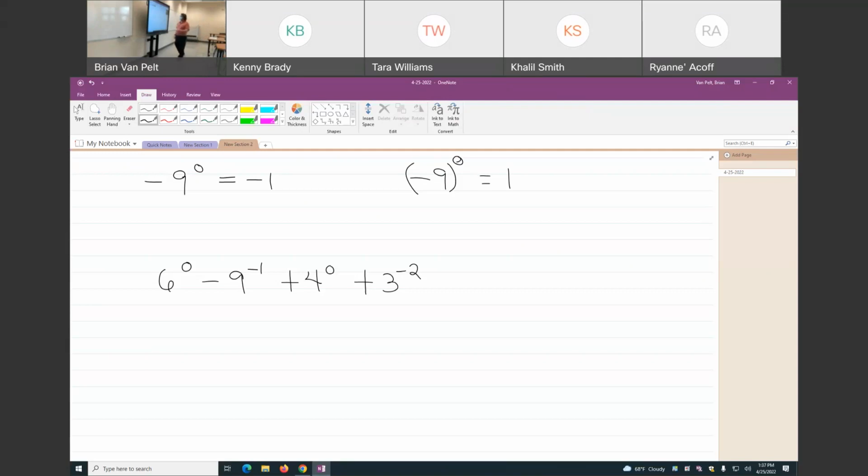Oh, yeah. So for 6 to the 0, that is 1. It's 1 over 1 plus 1 over... It's 1 plus 1 plus 1. So you saw that this -1 might cancel with that one. And you're left with 2.